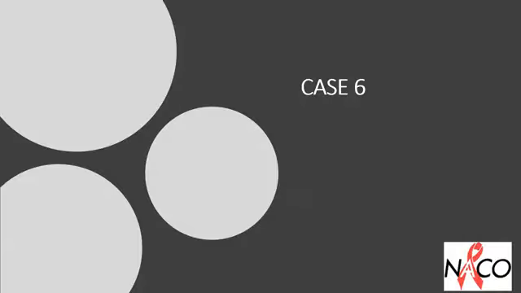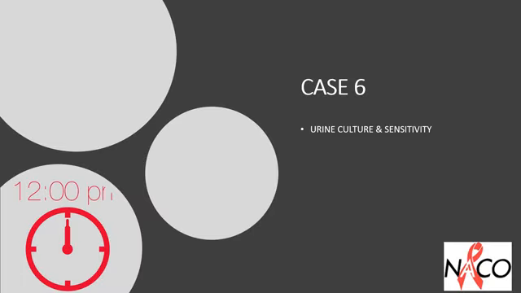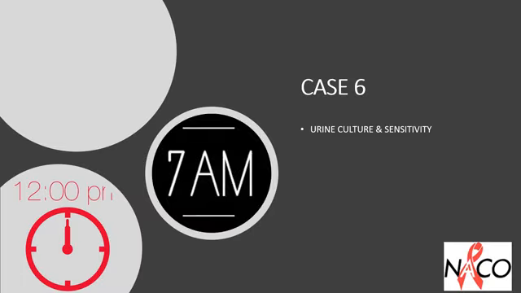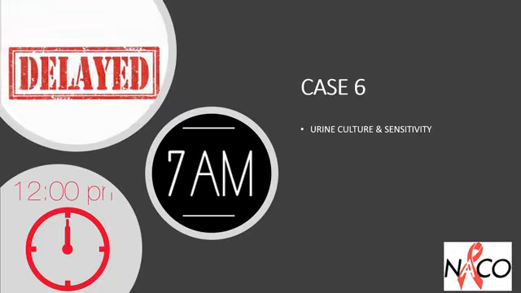Now consider a case where the laboratory has received a patient-collected specimen of urine for culture at 12 pm. The specimen was collected at 7 am. There has been a delay of 5 hours. Should the urine culture sensitivity testing be done in this case?